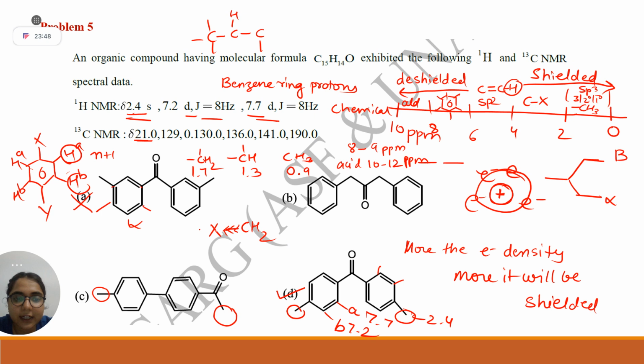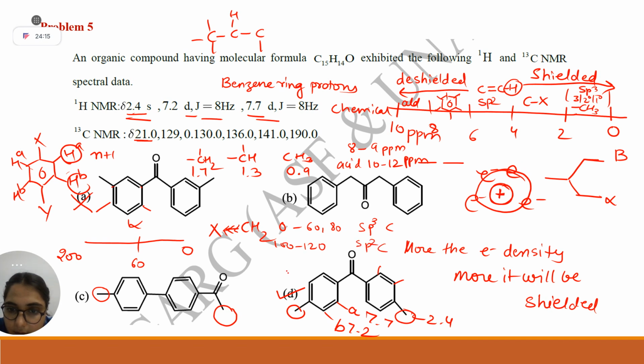Before that, let me explain in short the carbon scale also. Students, the carbon scale is from 0 to 200. In 0 to 60, your normal sp3 carbon comes, or you can say up to 80 also normal sp3 carbon comes. Then 100 to 120, your sp2 carbon, and in between that aromatic carbon also comes.